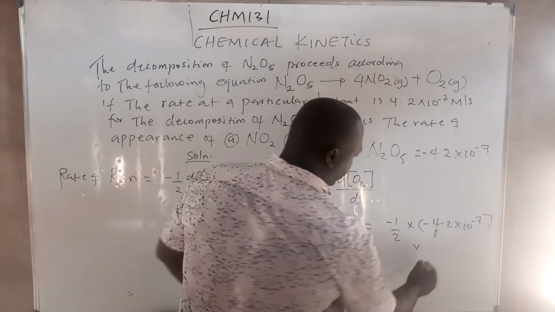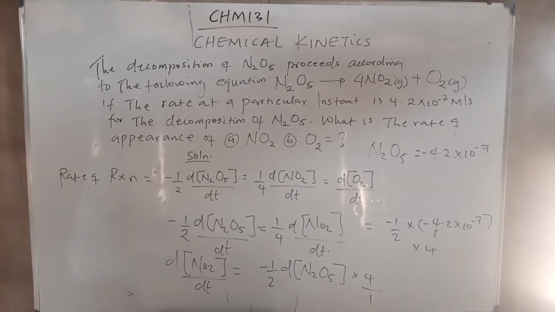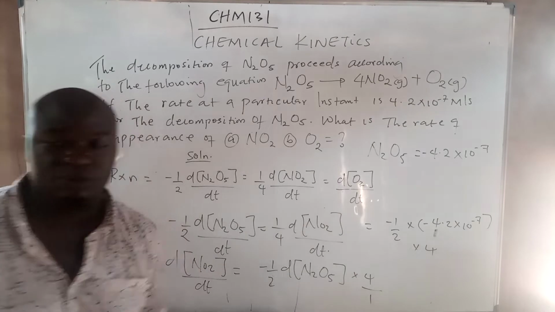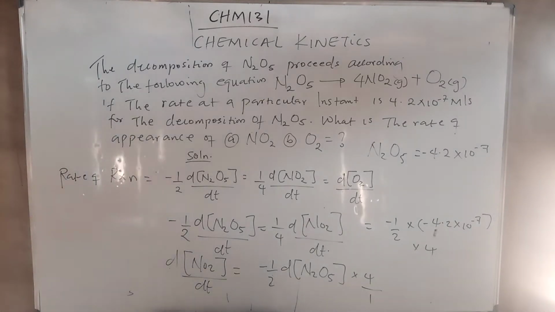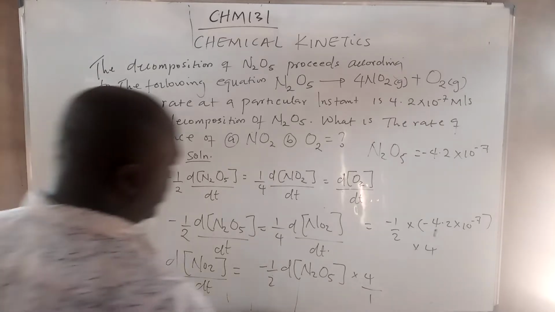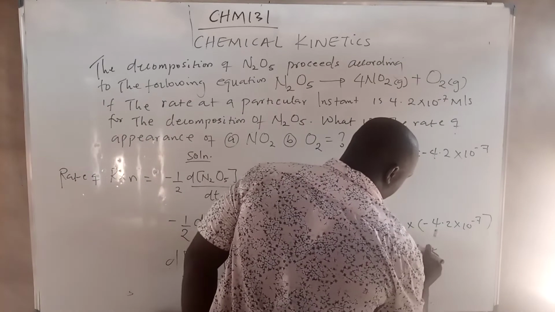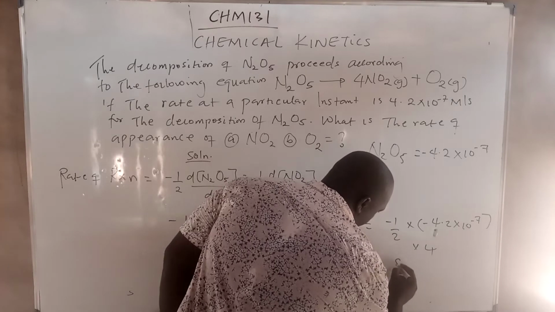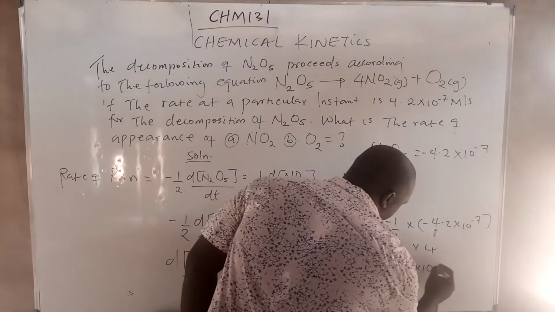Times this 4, right? Look at it here. I just inserted the value. You punch it in your calculator. What you should get as your answer should be 8.4 times 10 to the power of minus 7. So what you get is 8.4 times 10 to the power of minus 7 as your answer.